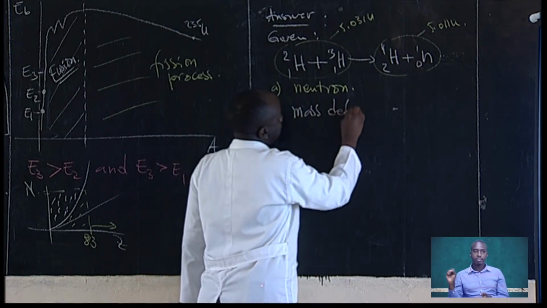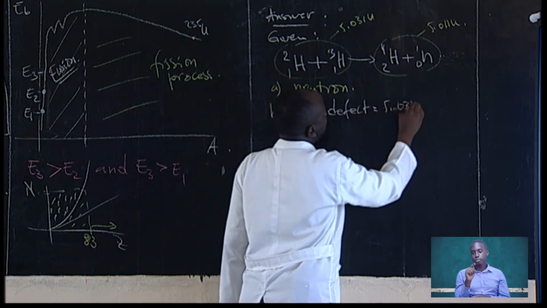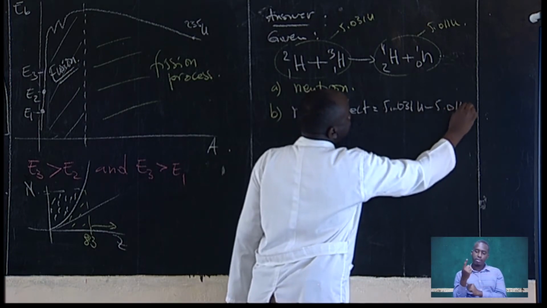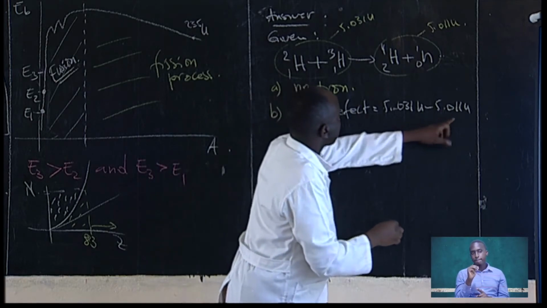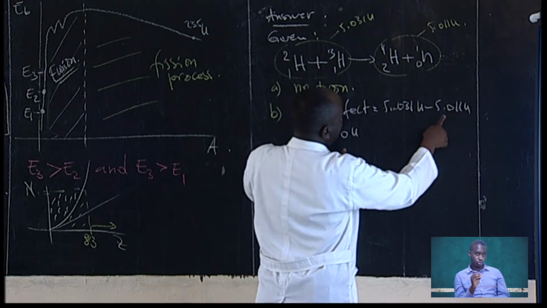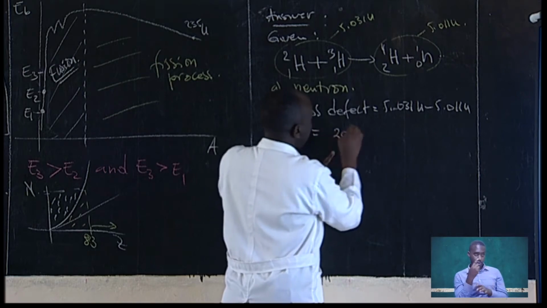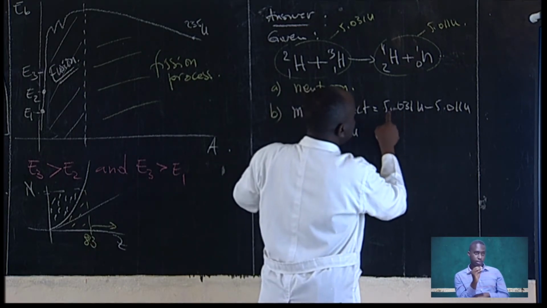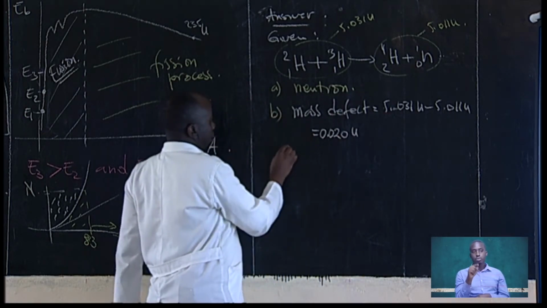The mass defect is going to be equal to 5.031 U minus 5.011 U. And when we subtract, we find 0.02 U as the mass defect.